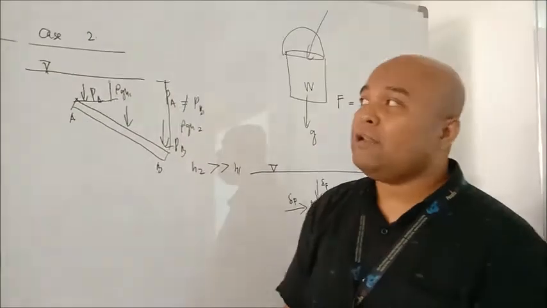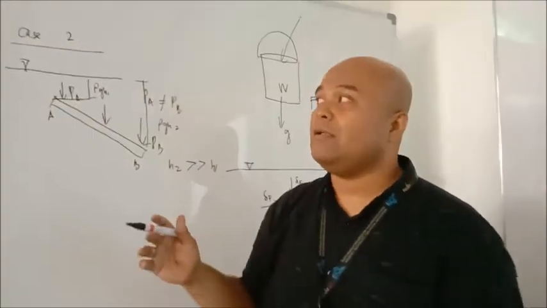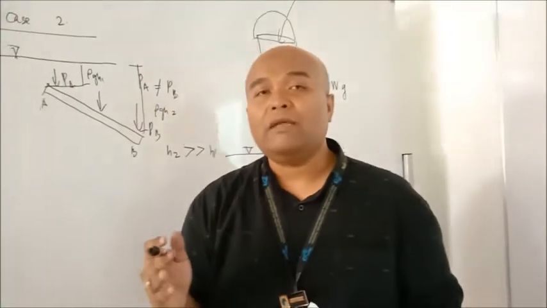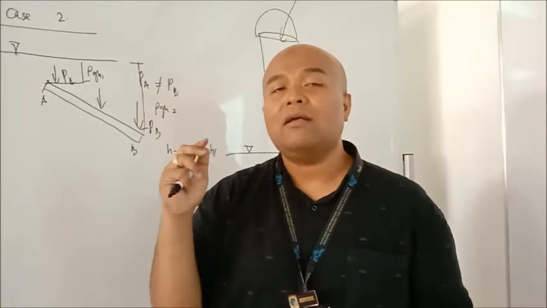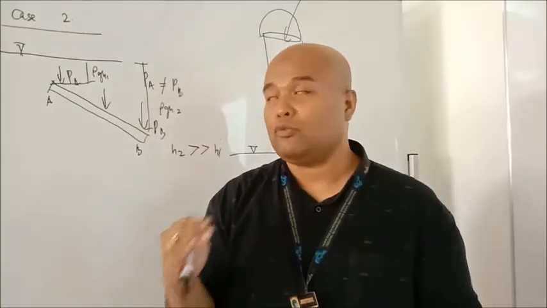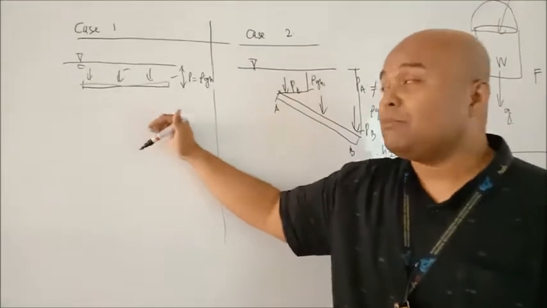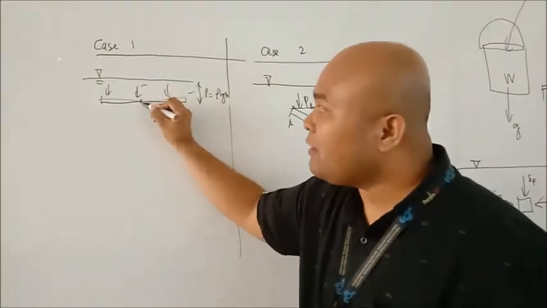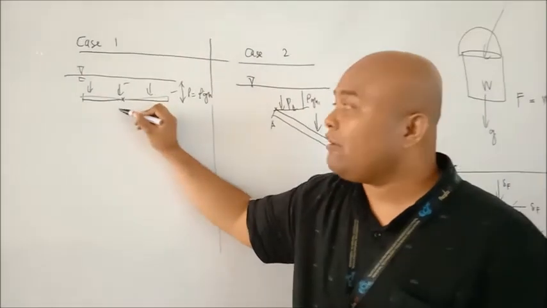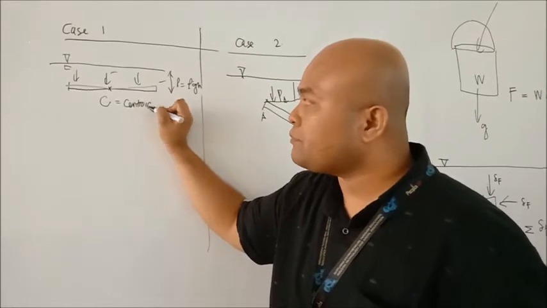Alright, and then the most important dalam analisis fluid static, kita sentiasa melihat di mana center of pressure dan juga di mana hydrostatic force tu akan bertumpu. Bagi kes satu, analisis adalah mudah sebab bagi satu blok rectangular, titik di tengah ini sentiasa kita akan refer sebagai C, which is centroid. Alright.